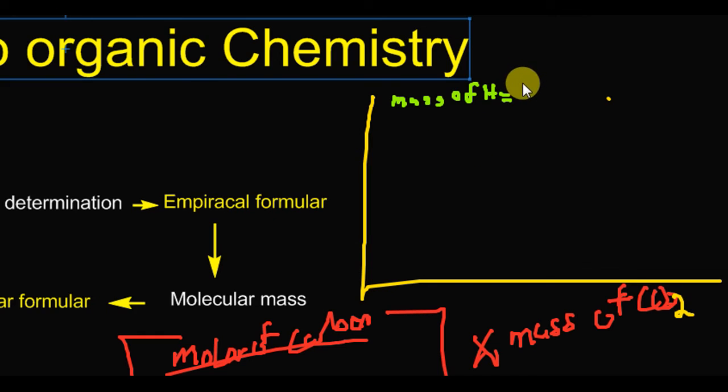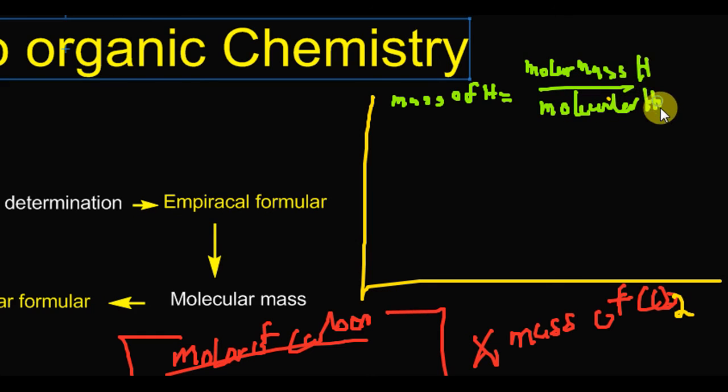So you just express the molar mass for the hydrogen all over the molecular mass of the water, and then you multiply it times the mass of the water produced in the tube.